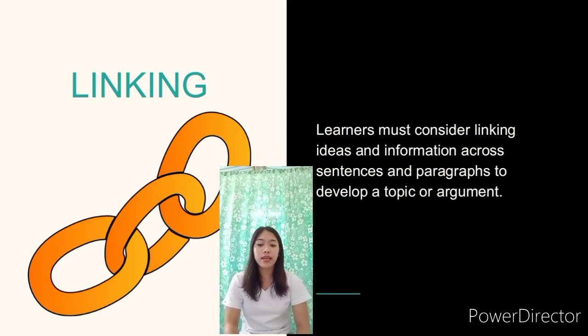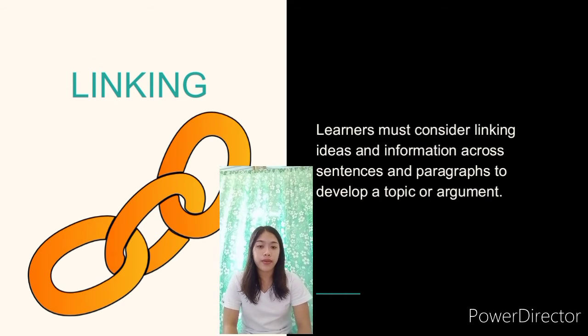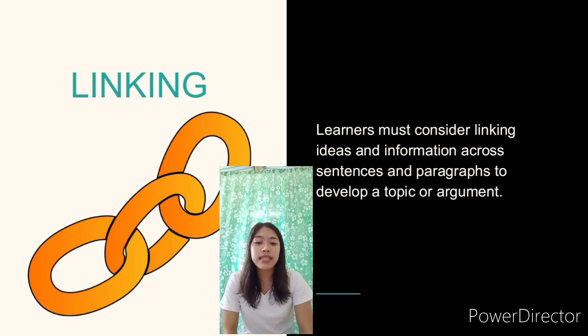Because of this linking, the words in these sentences do not always sound the same as when we say them individually. And from that, we can say that linking is very important in English. Linking words help link sentences to other sentences and paragraphs to other paragraphs.